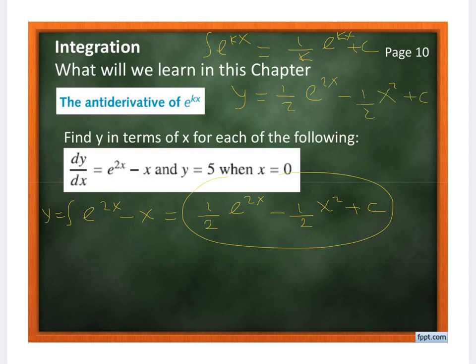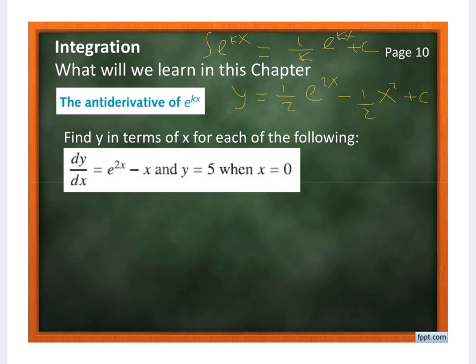Now I try to find the c. When y equals 5, x equals 0. So y is 5, x is 0, 2 times 0, substitute x becomes 0, plus c.